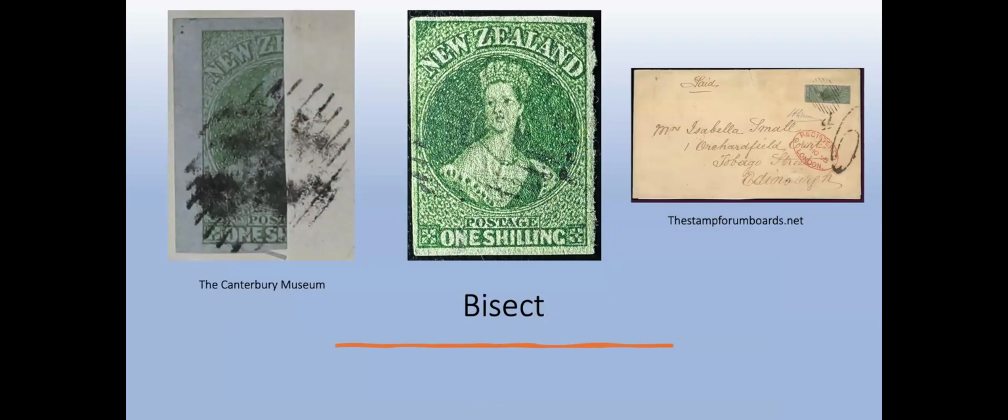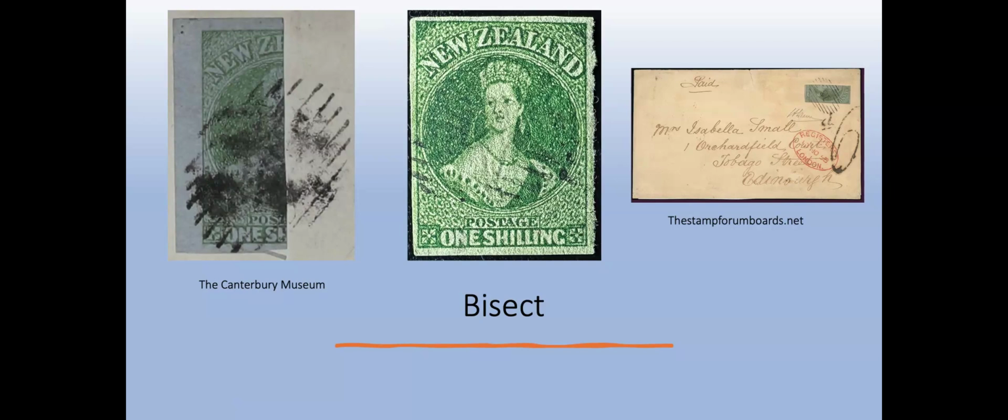Bisect, it's a stamp cut in half, and the denomination amount is also cut in half. So in 1857 to 59, the half ounce rate from New Zealand to the United Kingdom was 6 pence, but there were no 6-penny stamps yet. There were 1 penny, 2 penny, and 1 shilling.